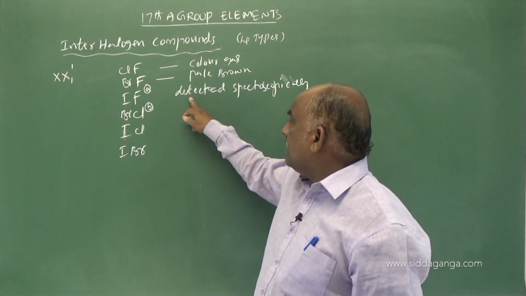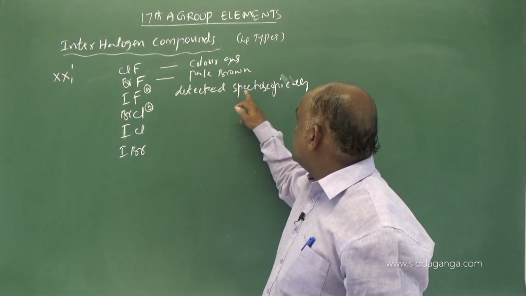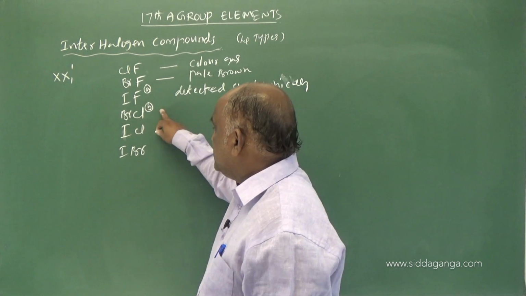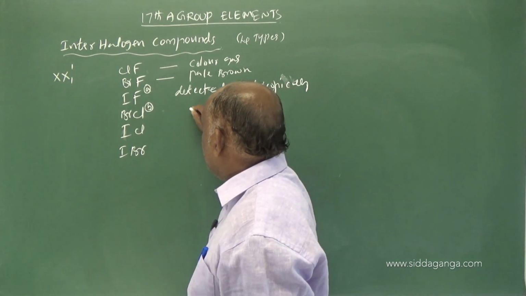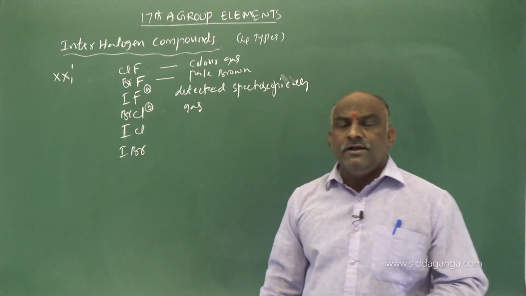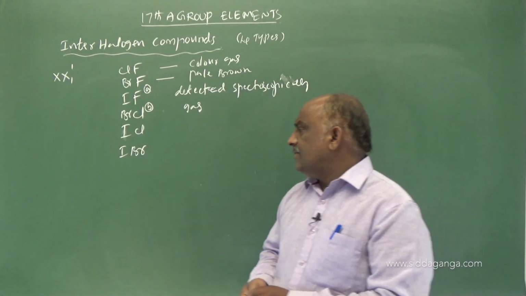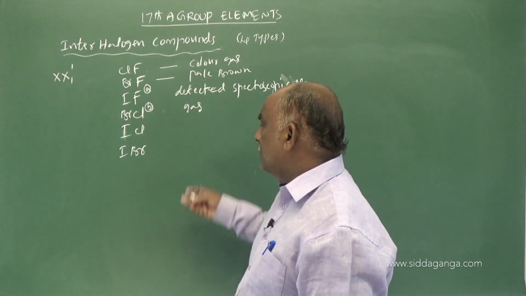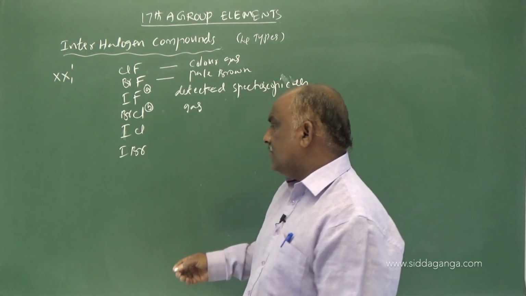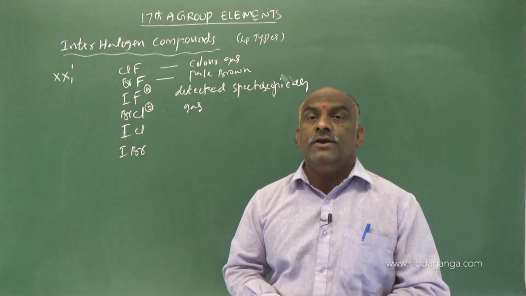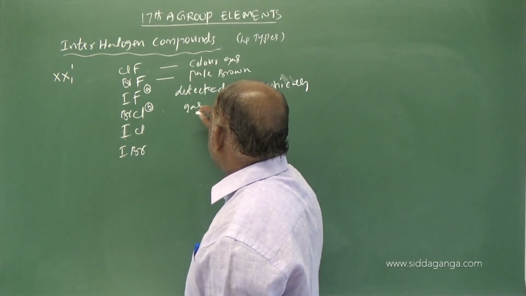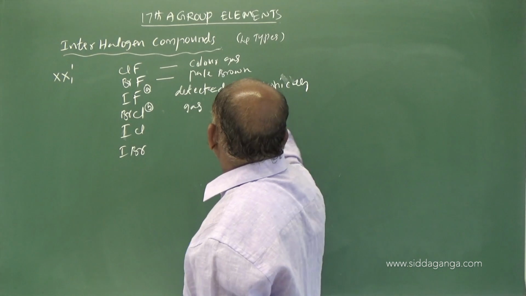Coming to BrCl, BrCl is a gas, but a pure solid is known at 25 degrees centigrade. BrCl gas is detected spectroscopically.